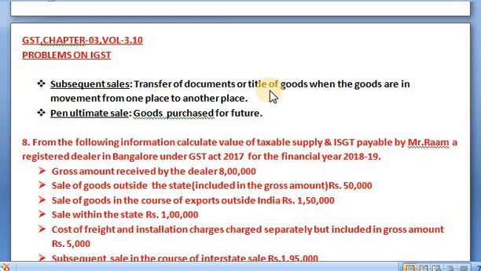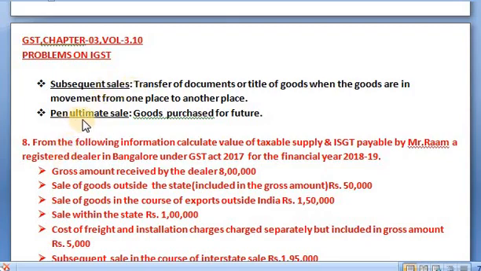Later you will tell, I'll send the documents later. Or sometimes you send the bills related to that particular product. So for that we call it the subsequent sale. So when the term subsequent sale comes, you don't go for considering that, because that is not the transaction which is related to the sale of a particular product. Okay, so that we don't go for considering.